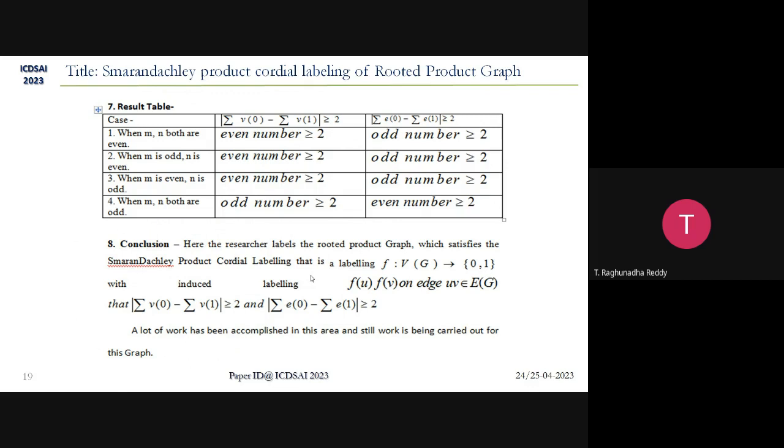Next, paper ID 255. Yes, sir. You can connect, madam. One minute.